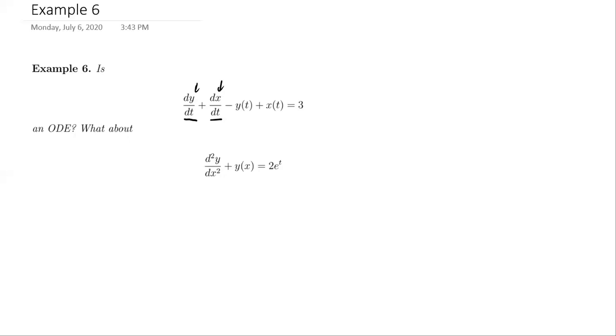Okay, now what about this one? We have the second derivative of y with respect to x plus y(x) equals 2 times e to the t. So is this an ordinary differential equation or a partial differential equation?